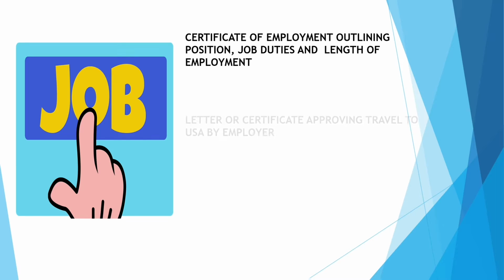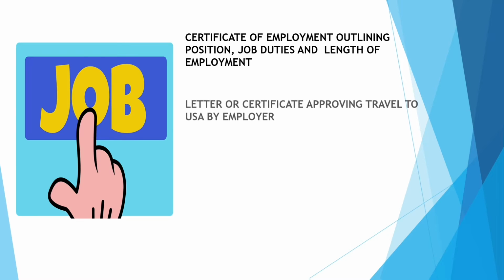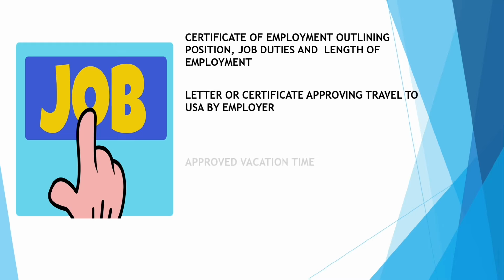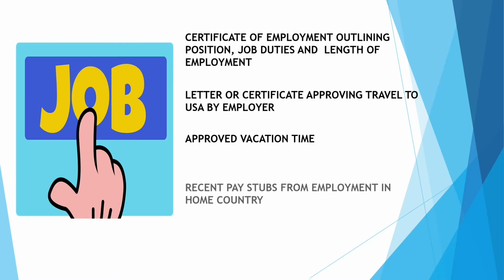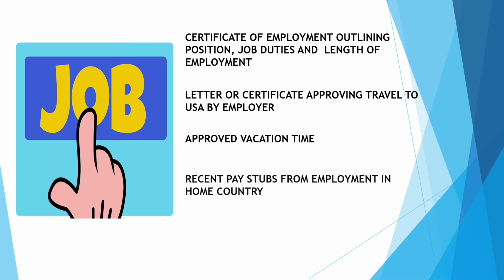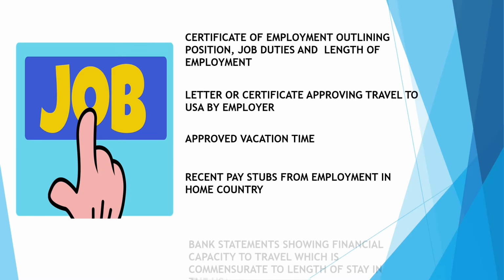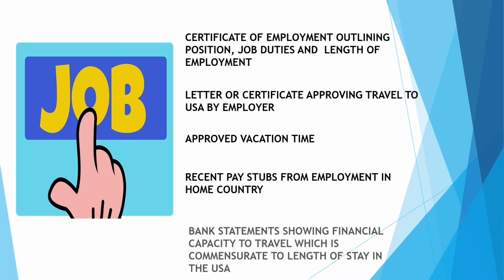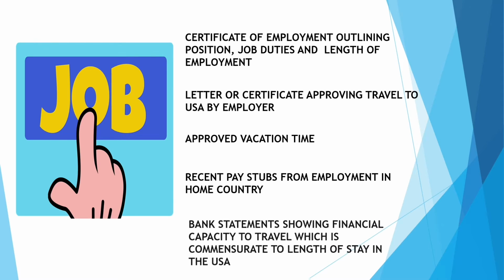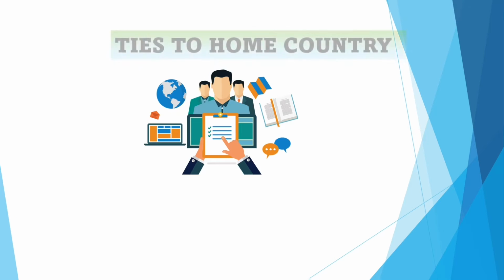You must present a certificate of employment outlining your position, job duties, and length of employment, a letter or certificate approving travel to the USA by your employer, approved vacation time, recent pay stubs from employment in your home country, and bank statements showing financial capacity to travel which is commensurate to the length of stay in the USA.